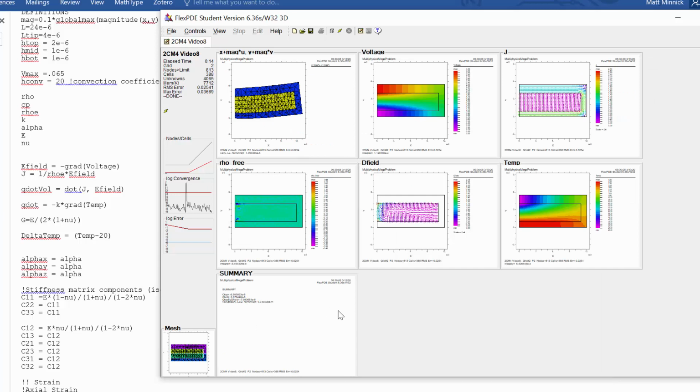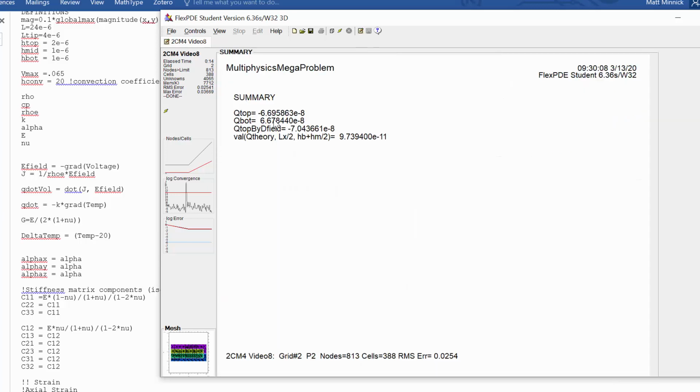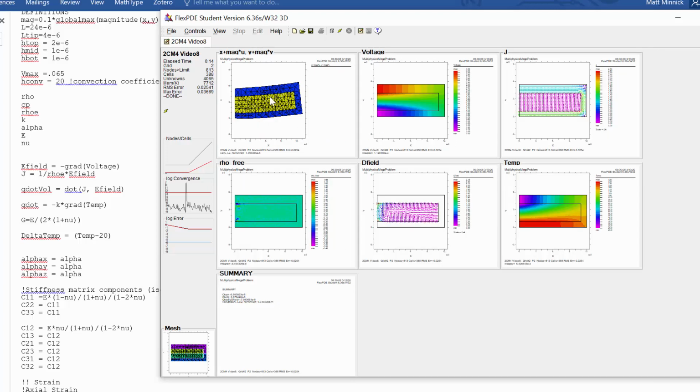That makes sense because the metal was slightly less stiff than the piezoelectric in this setup, I believe. So it ends up maybe not being moved quite as much as it was before.